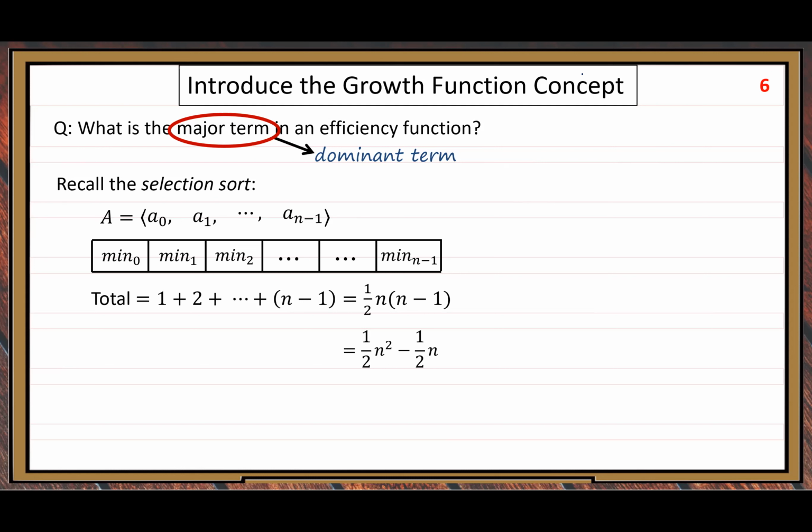After we identify major and minor terms, we can ignore all the minor terms. So we want to simplify. We only keep the dominant term.